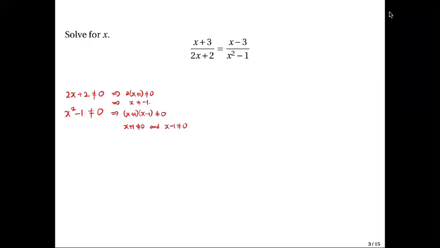So we cannot have x to be negative 1 and x to be 1. Those are our restrictions.